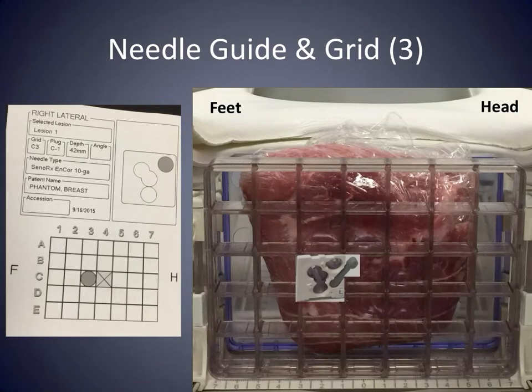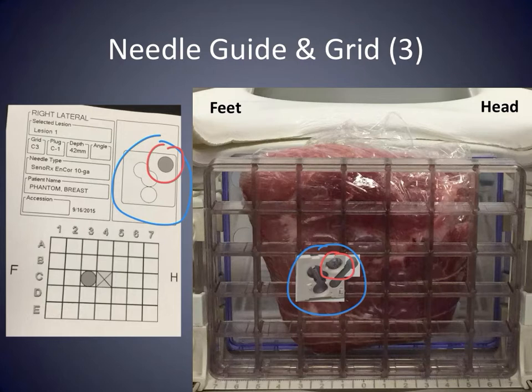and the orientation of the needle guide block should be turned so that it exactly matches what the computer printout is. And the opening that you need to use to insert your biopsy needle is in the upper right-hand corner as it's shaded in color.